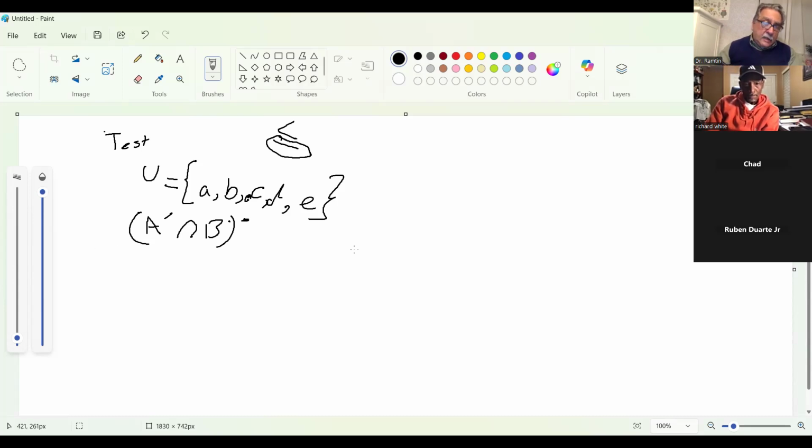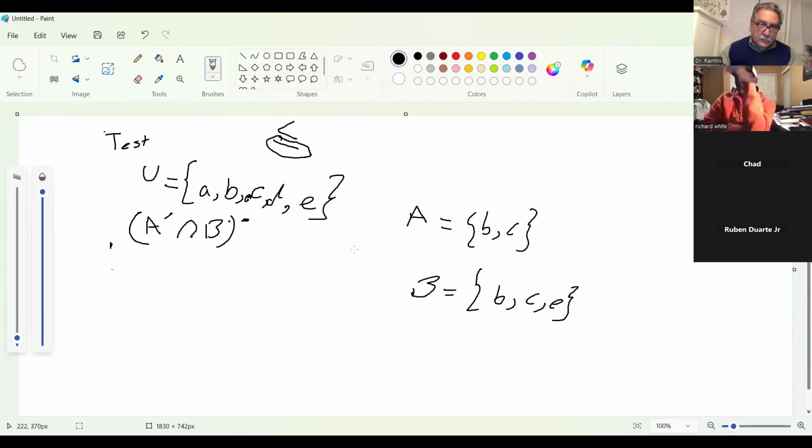So not A. Well, our set A is B and C. B is B, C, and E. So when we want to find not A, let me make sure I'm at the right place. Okay, not A is part of the universal set.